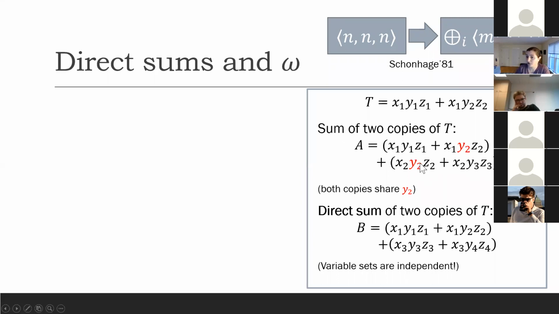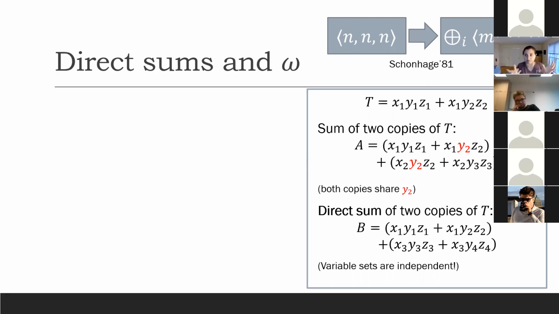These two copies could share variables. A direct sum of two copies of T is not allowed to share variables. So it's basically two copies of tensor T whose variable sets are completely disjoint. For example, a direct sum of matrix multiplication tensors is a bunch of completely independent matrix multiplication problems.